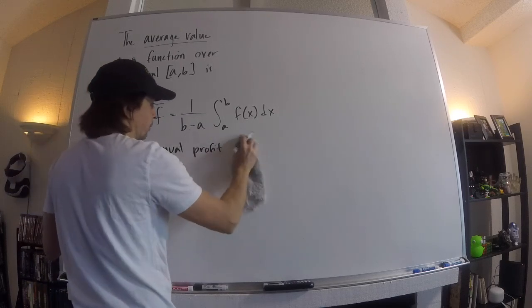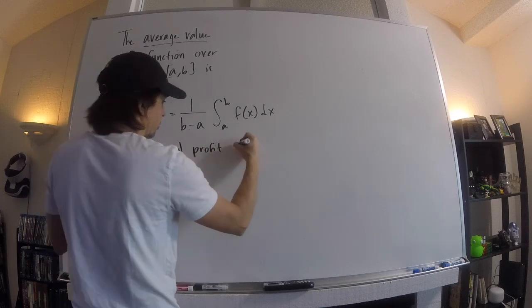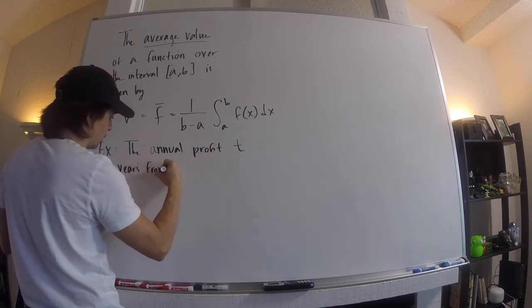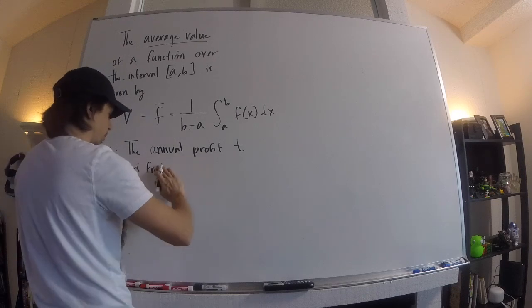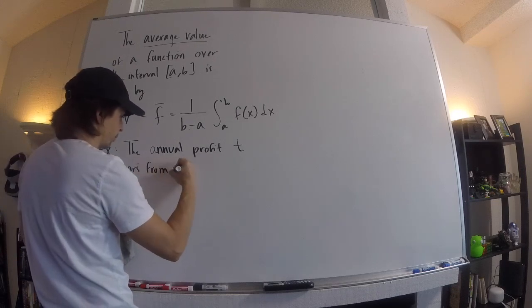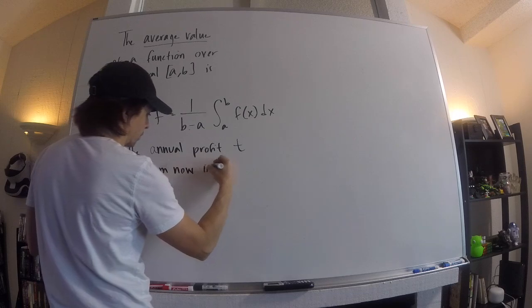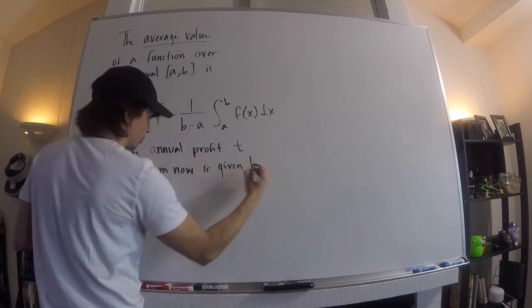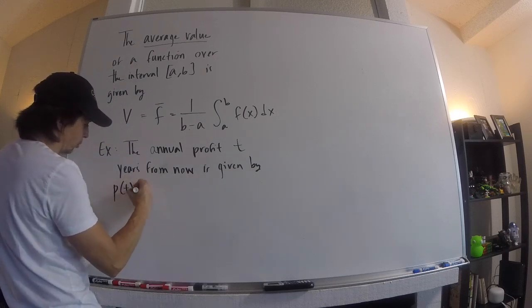Annual profit t years from now is given by P of t is equal to 2t squared.